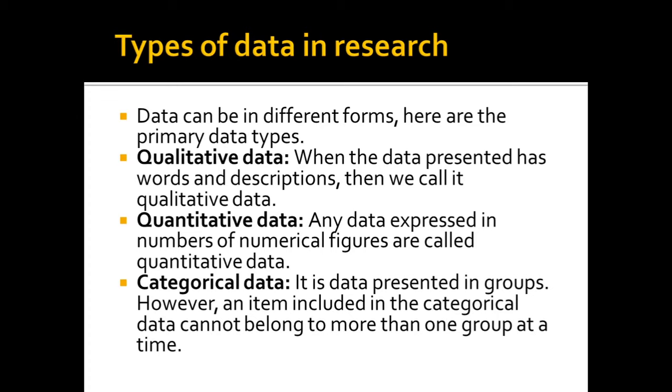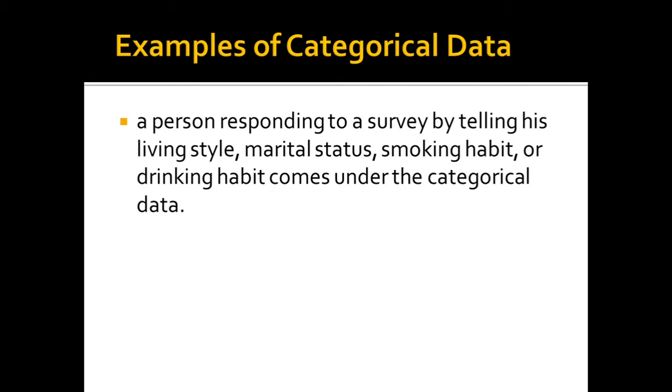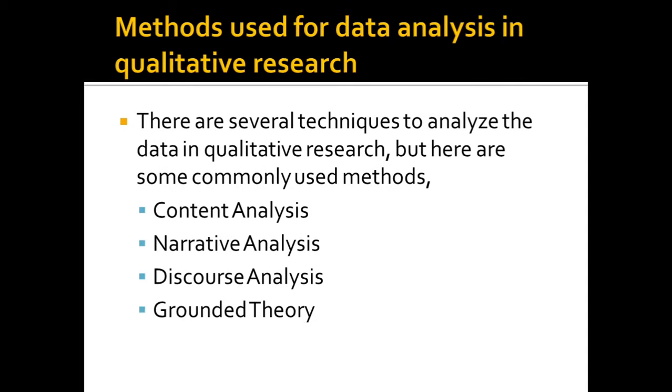Various types of data: qualitative, quantitative, and categorical data, three types of data. And we had seen a lot of examples of qualitative, quantitative, and categorical data. Then we had moved on to how to analyze qualitative data. Therefore, we had seen four important methods called content analysis, narrative analysis, discourse analysis, and grounded theory. These are the four methods of qualitative analysis.